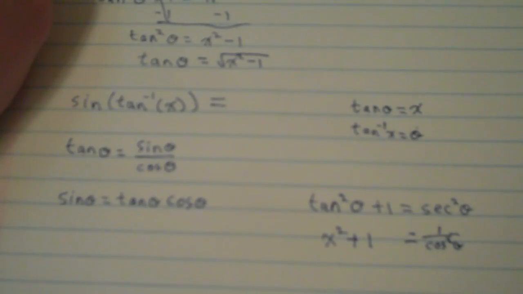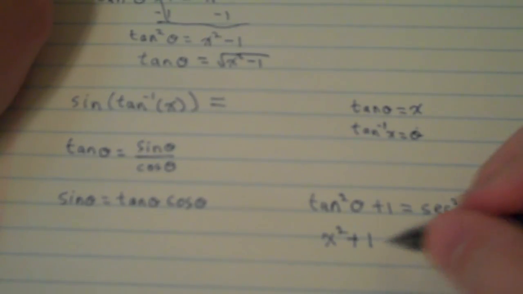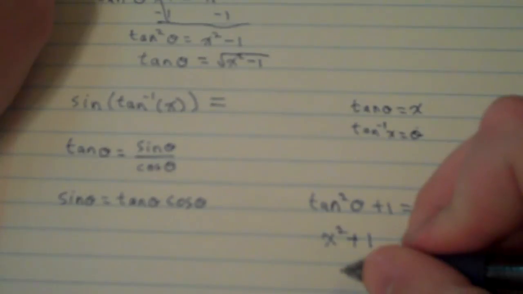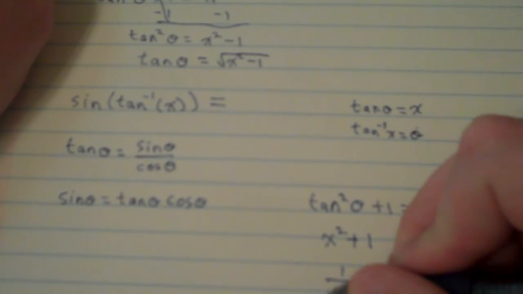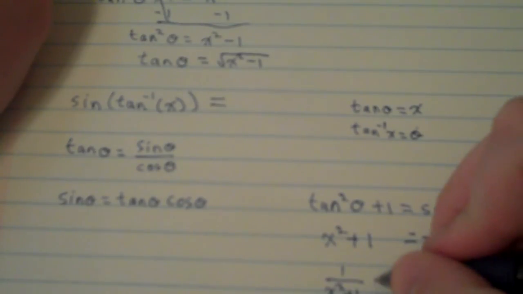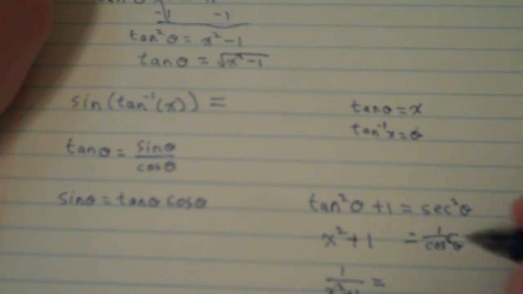To solve this, I take the reciprocal of both sides. If I take the reciprocal of this and this, I get 1 over x squared plus 1, which is equal to cosine squared of my angle.